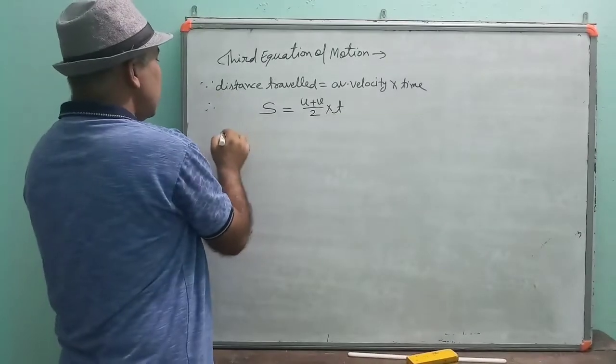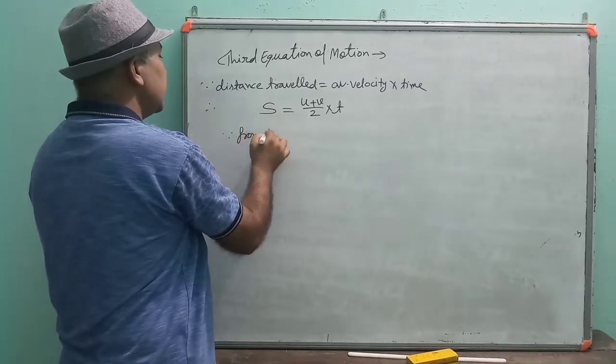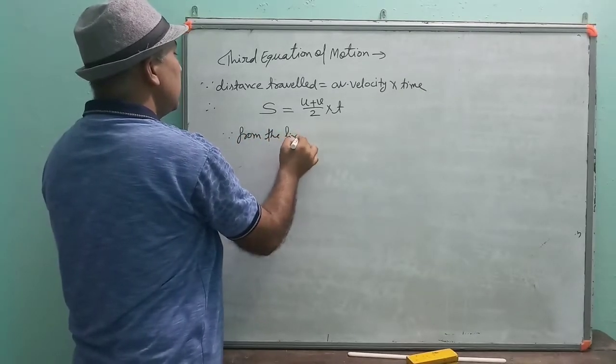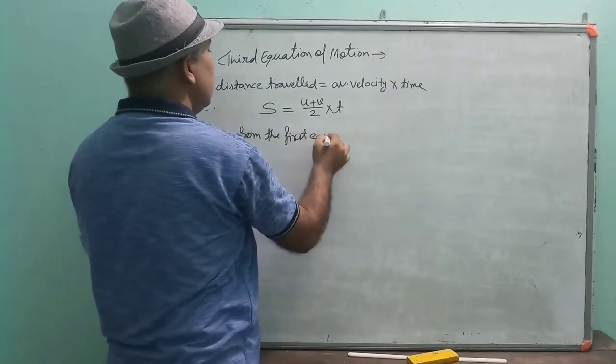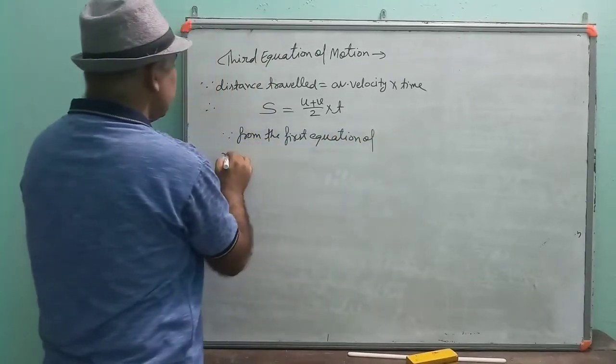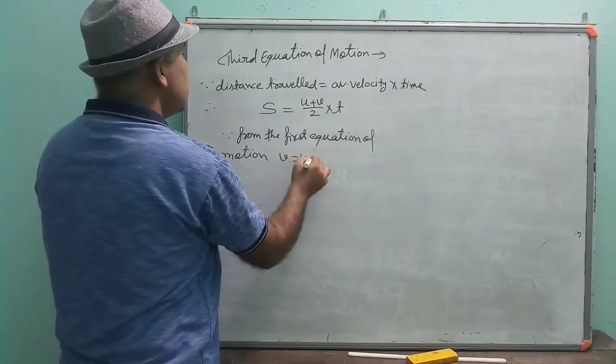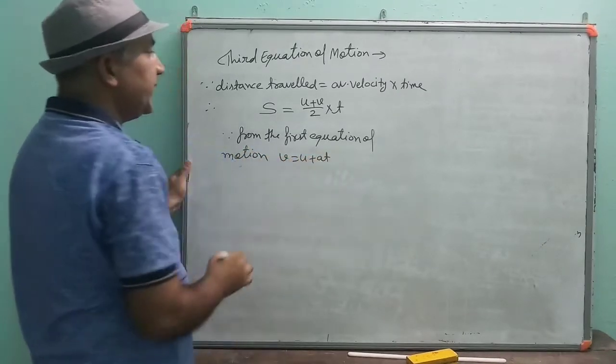Okay, now since from the first equation of motion, v is equal to u plus at.